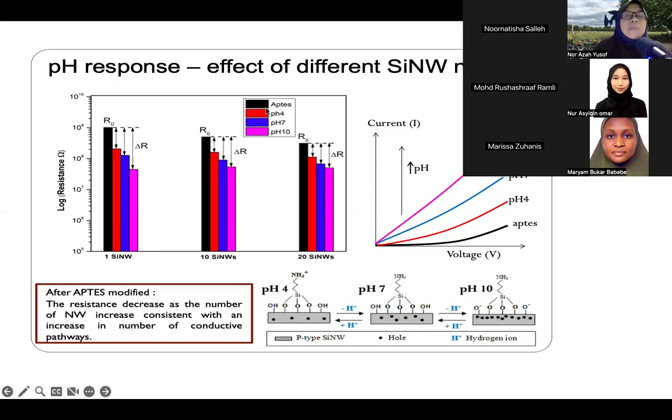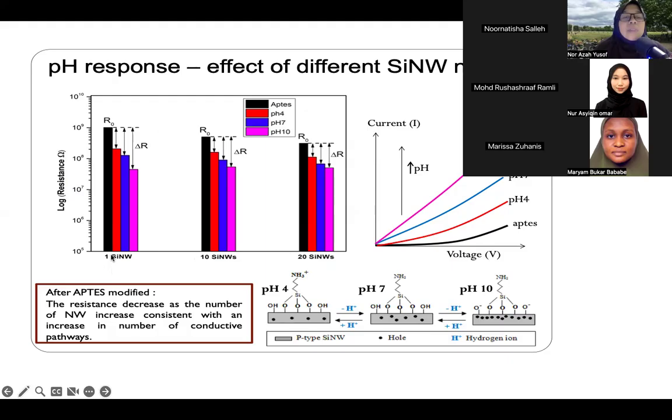But when you look at the pH effect, 4, 7, and 10, you have red for 4, blue for 7, and 10 is the alkaline one. Then you make comparisons between all of these. There is a significant difference, and the difference is very significant with a single nanowire compared to 10 or 20.